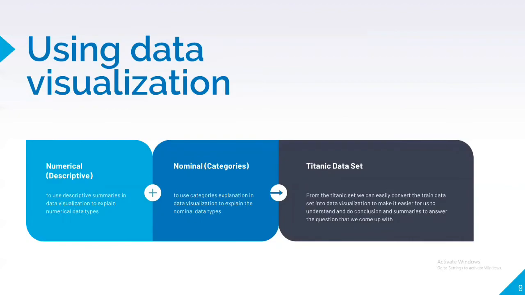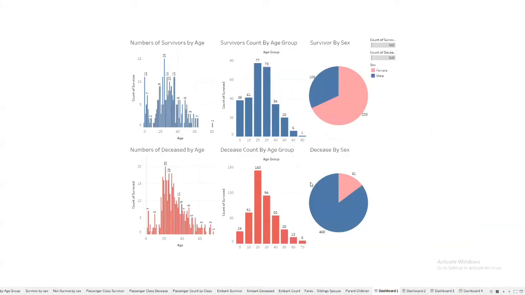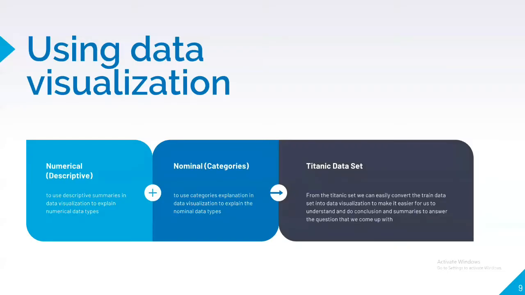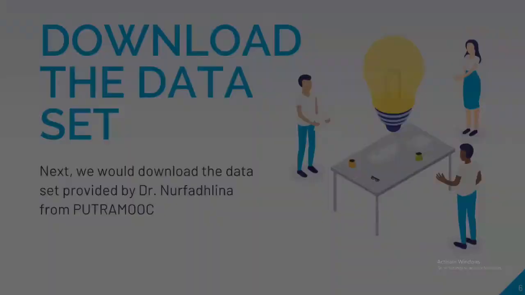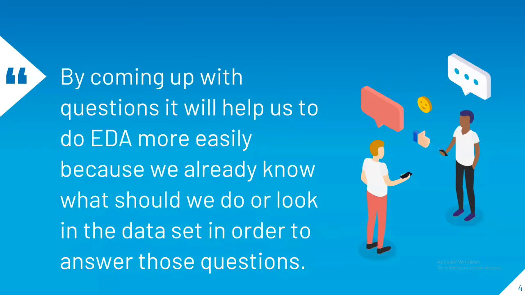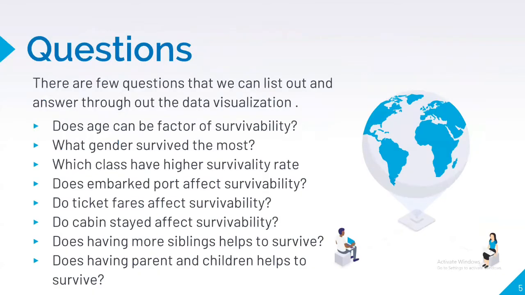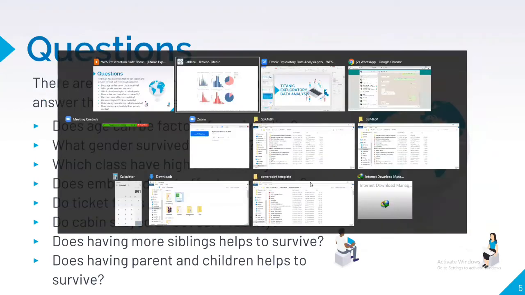the question. Okay, so my name is Ikhwan and my metric is 196553. This is the example of data visualization to answer the questions that we came up with. For example, the first one is, can age be a factor of survivability?